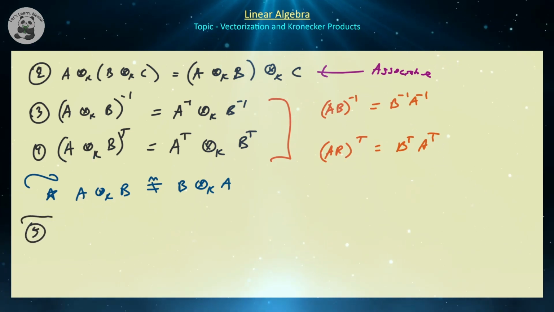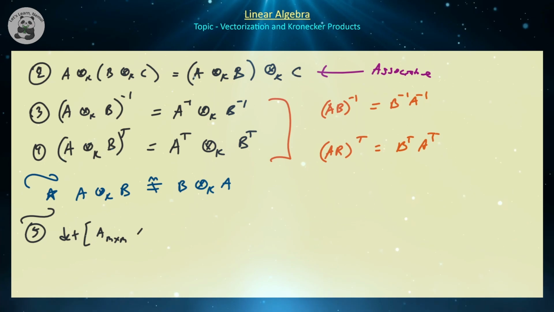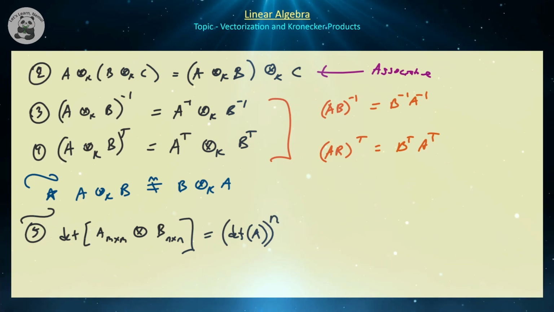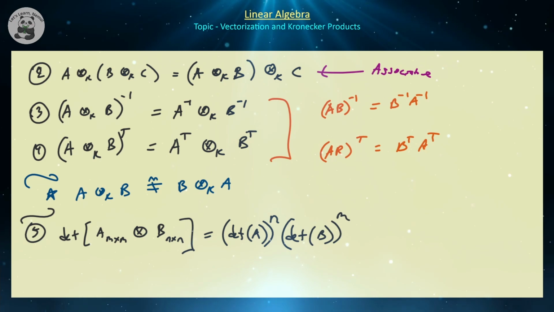And one last property that I want to mention in terms of determinants is the determinant of the Kronecker product of A and B. Let's assume that A is an m by m matrix and B is an n by n matrix. So the resulting matrix will be an mn by mn matrix, which is square, so the determinant is well defined. This can actually be found by the determinant of the square matrix A raised to the power of n times the determinant of B raised to the power of m.